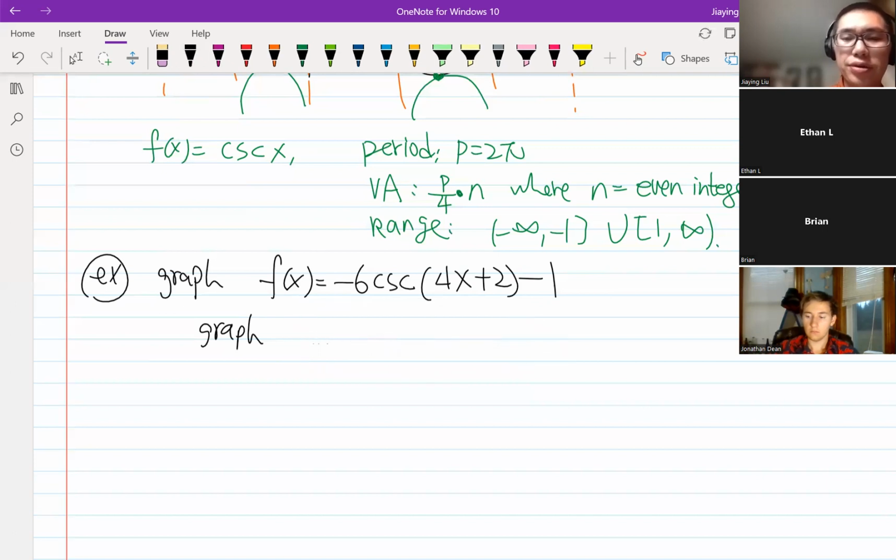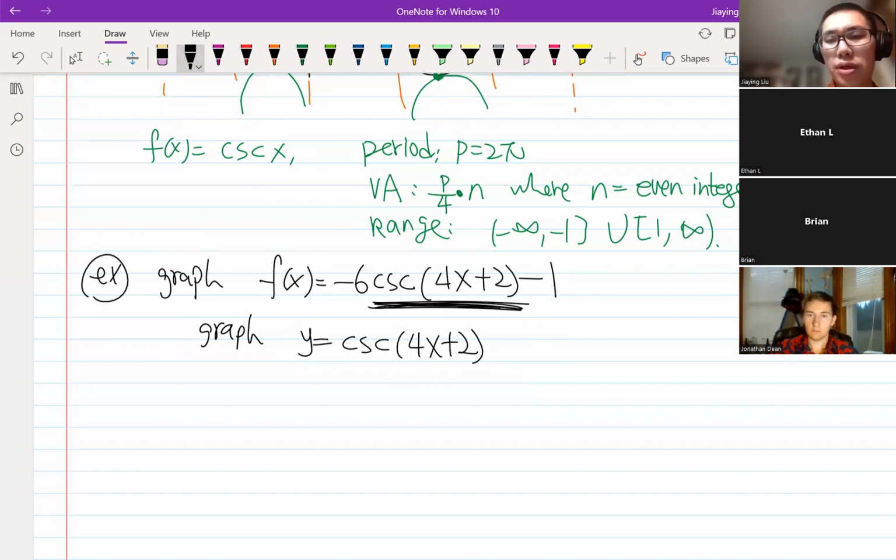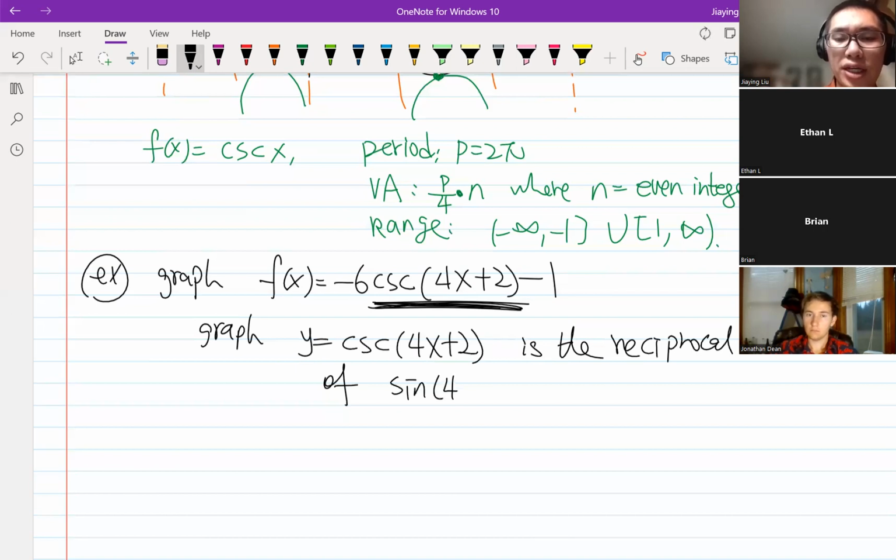So the reciprocal is, what we're going to do is take this part. y equals cosecant 4x plus 2 is the reciprocal of sine 4x plus 2.